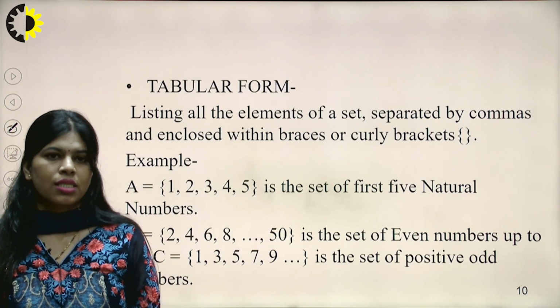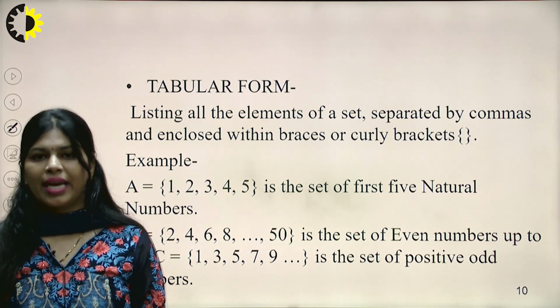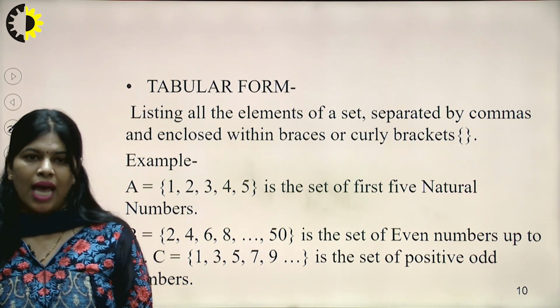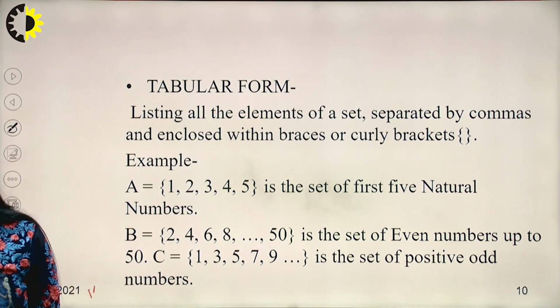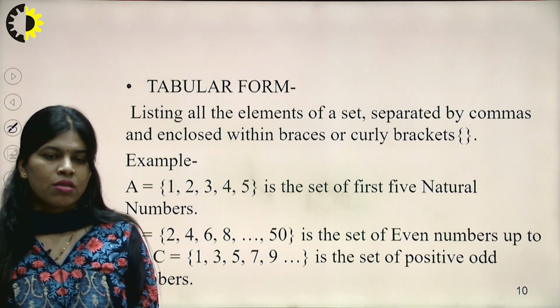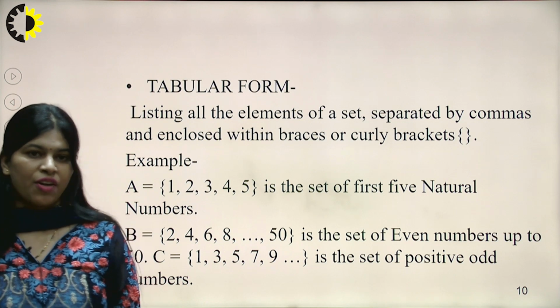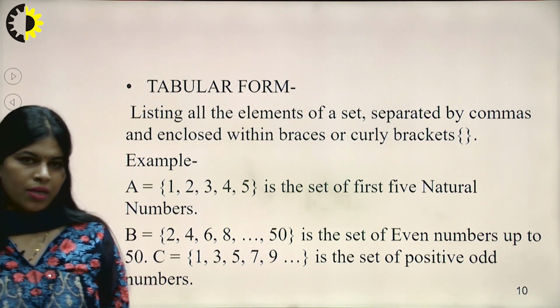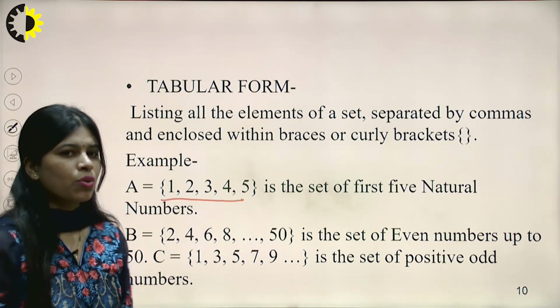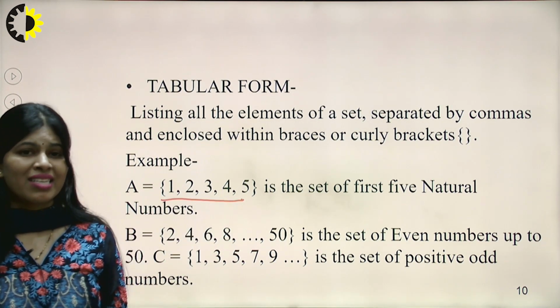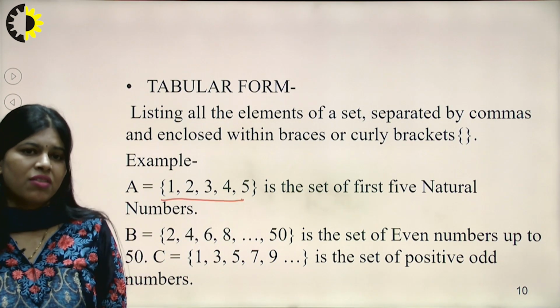Roster means listing all the elements of a set separated by commas and enclosed within braces. Means all the elements should be present in a single set so that we can count and see how many elements are present.